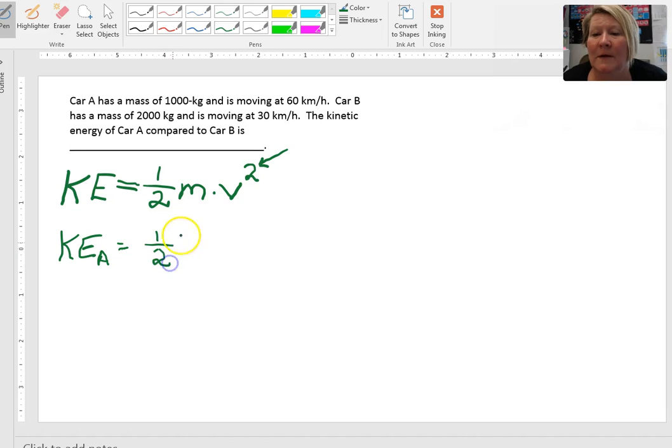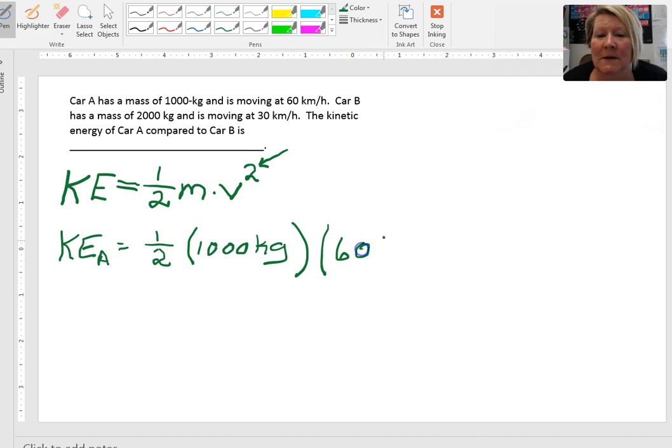1/2 times the mass of car A, which is 1,000 kilograms, times the velocity of 60 kilometers per hour, and we can leave it in kilometers per hour, that's fine, we don't need to change units to meters per second.